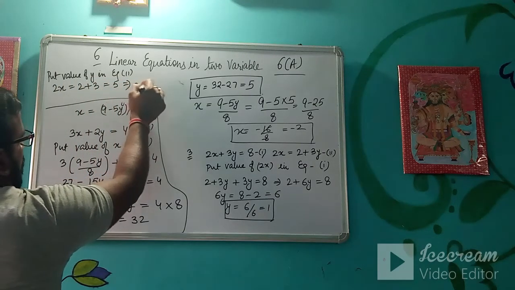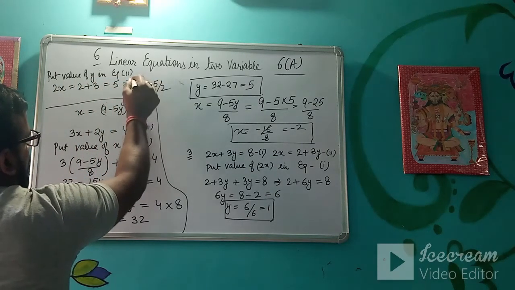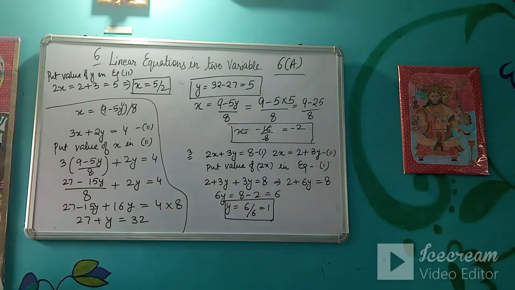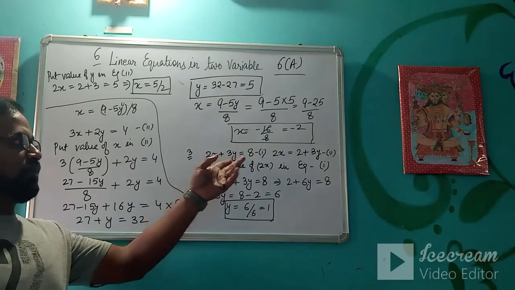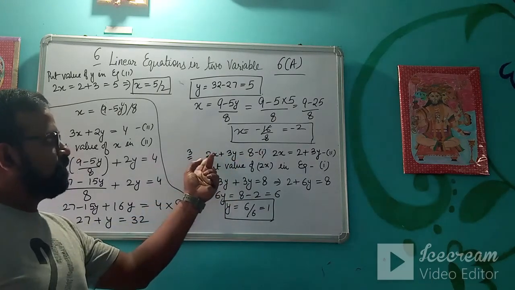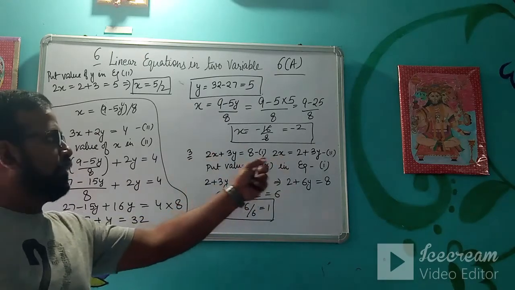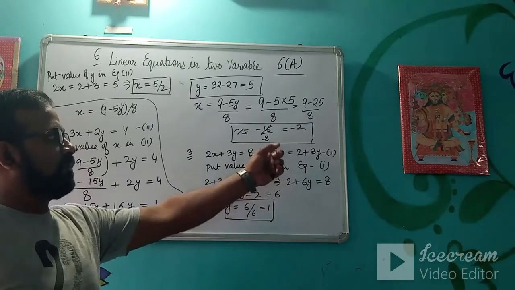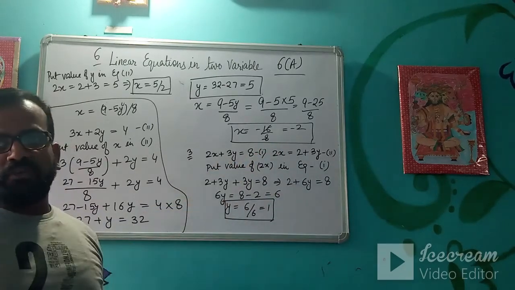So from here you will get x equal to 5 by 2. Okay. So before putting the value of x or y, you first inspect the two equations given. If direct values of individual terms are given there, then there is no need to calculate the value of x individually. You just put the value of that complete term in any of the equations.